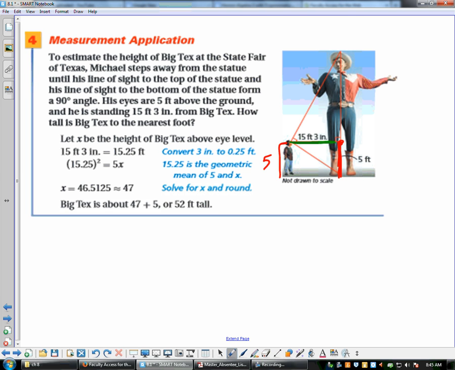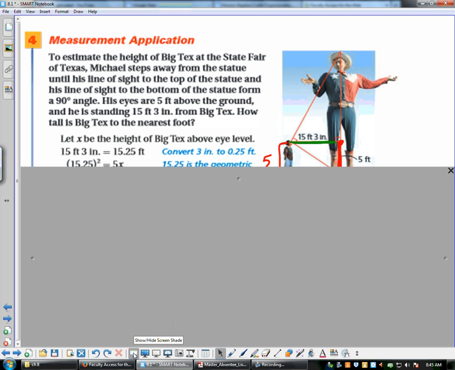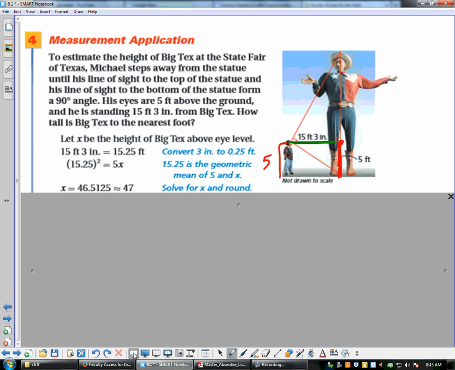We are trying to find the height of Big Tex to the nearest foot. In this example, they're saying let x be the height of Big Tex above eye level. So let's make from here to here x. And when we solve for x, we'll have to add on this 5 to get the height of Big Tex.